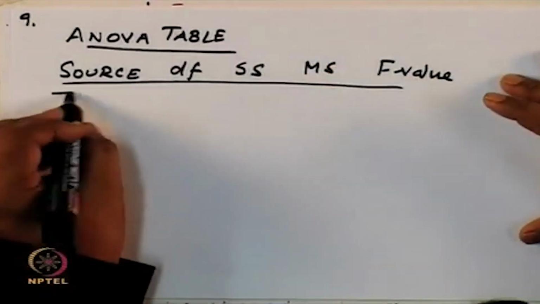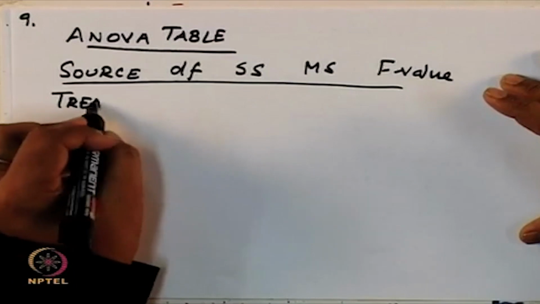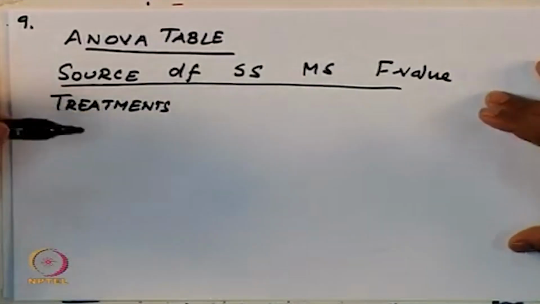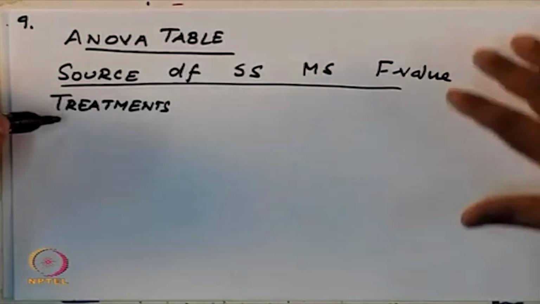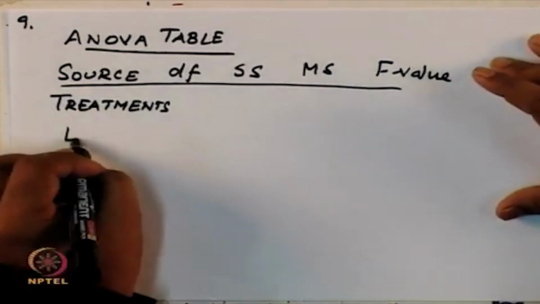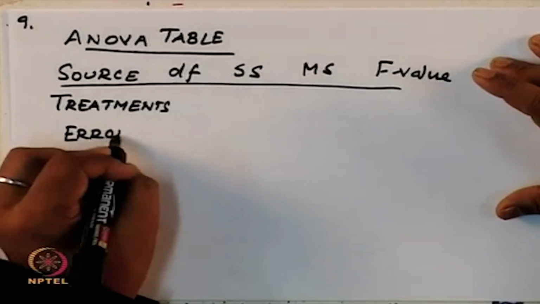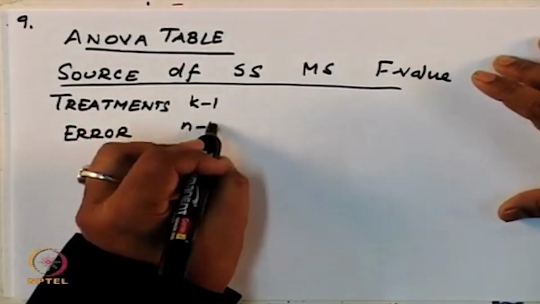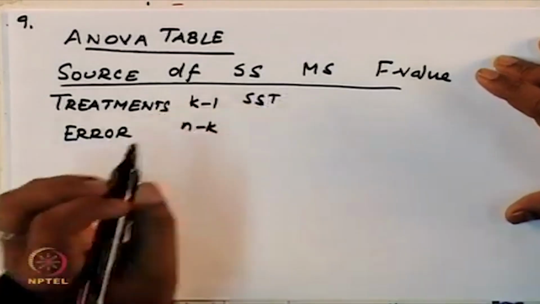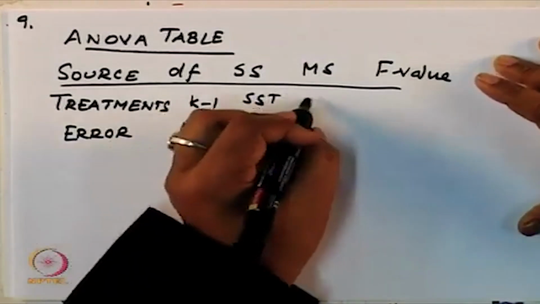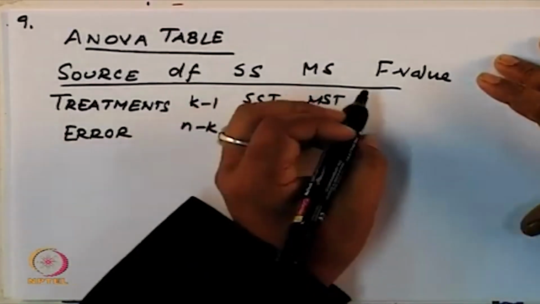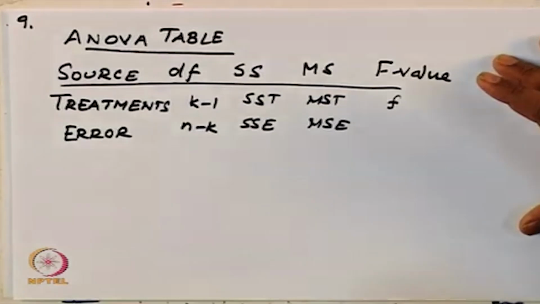Your source corresponds to each of the treatments. If you have 2 treatments, you will have 2; if you have 4, you will have 4 of these rows, and you have the contribution from error. The degrees of freedom are k minus 1 and n minus k. Then you have your SST and SSE, your MST and MSE, and you will get some F value.